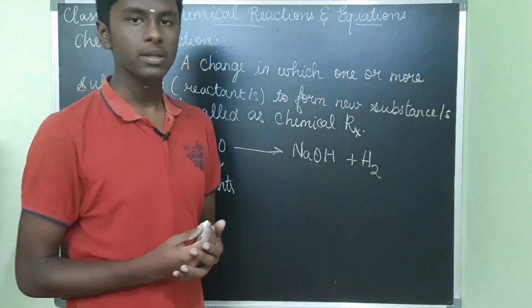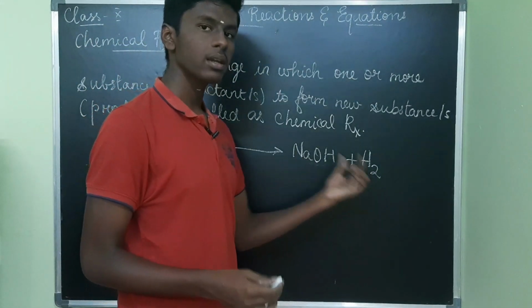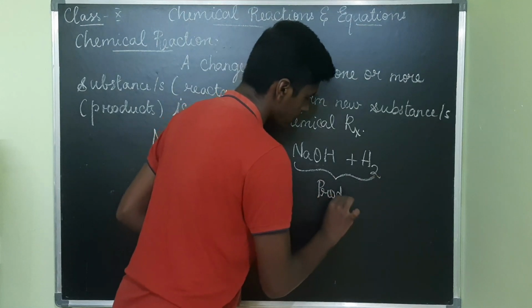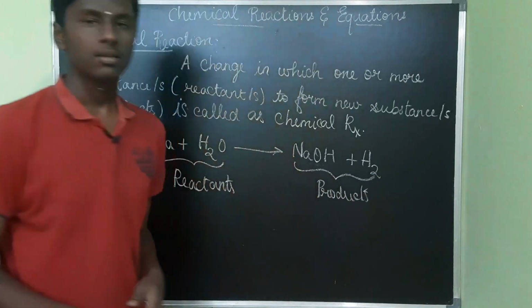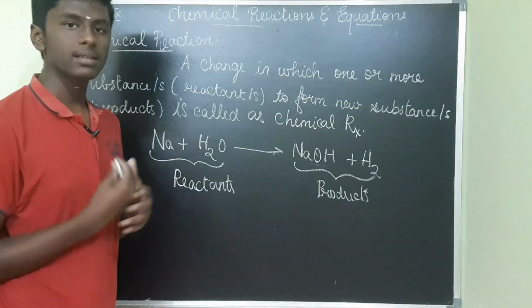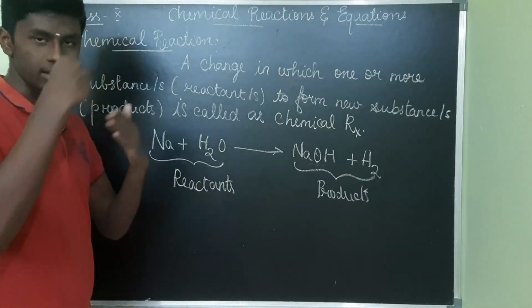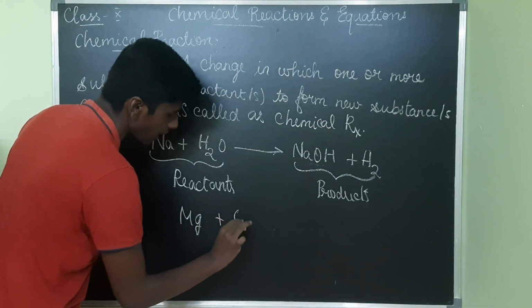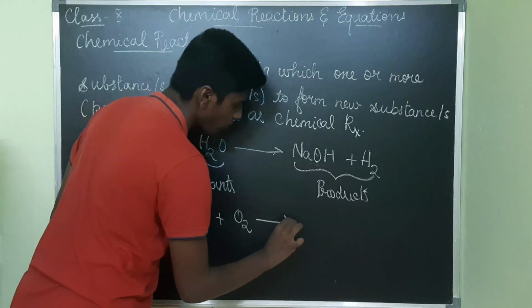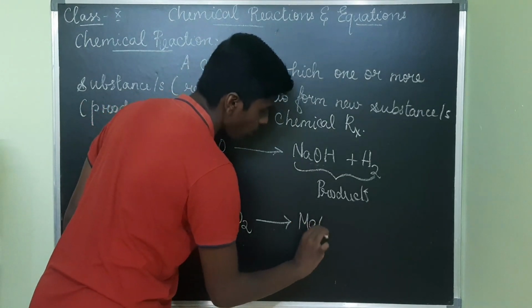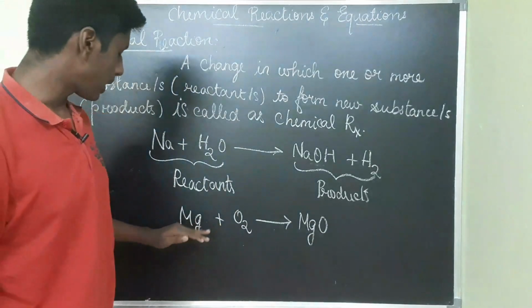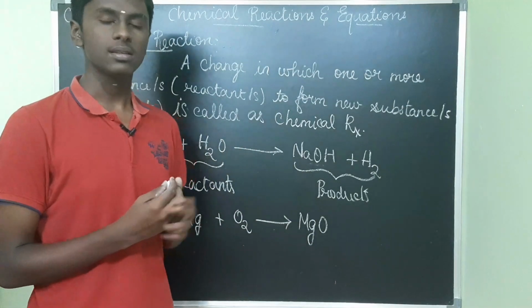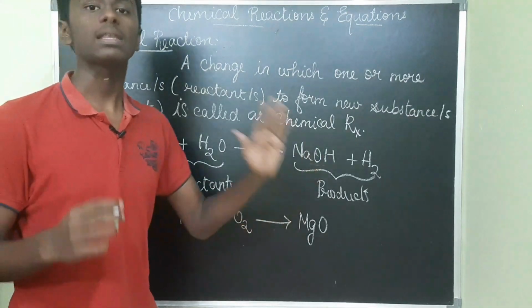And the newly formed substances are sodium hydroxide and hydrogen gas, and those are called products. So this is the first example. The next example is magnesium burnt in air, that is nothing but magnesium reacting with oxygen to form magnesium oxide.